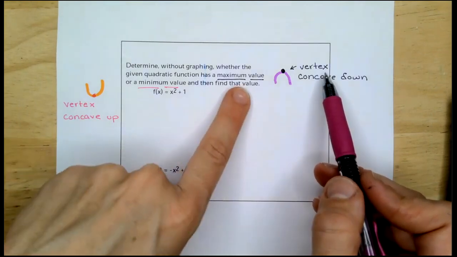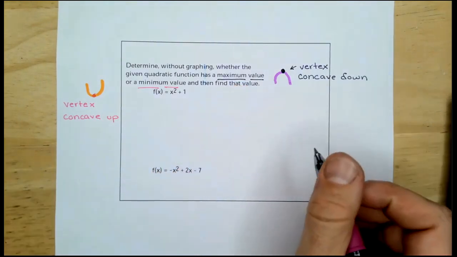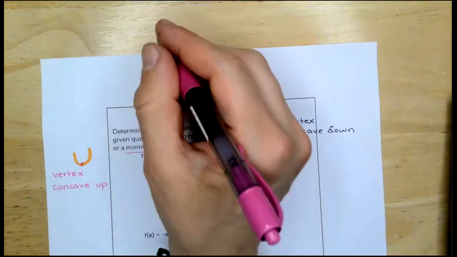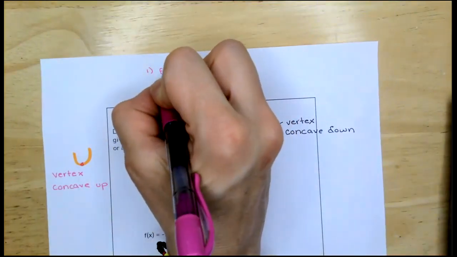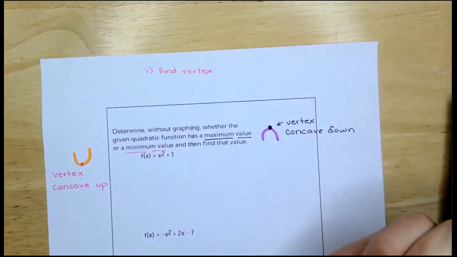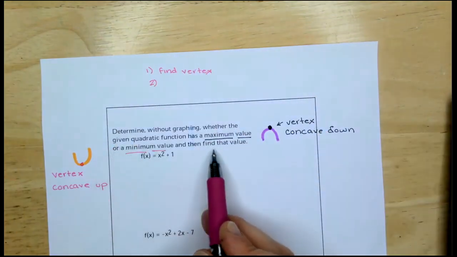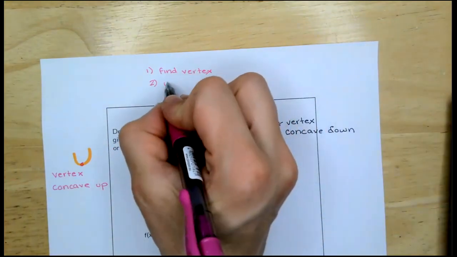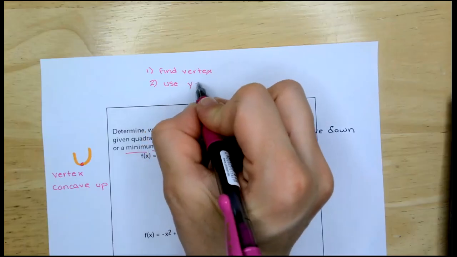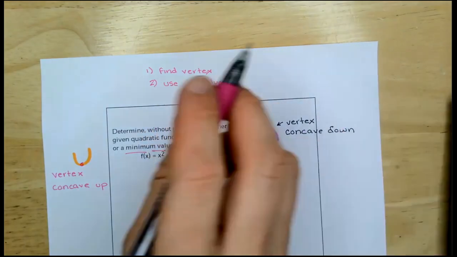It's a maximum when it's a concave down situation. So we're just finding the vertex. And then use the y value as your final minimum or maximum, okay?